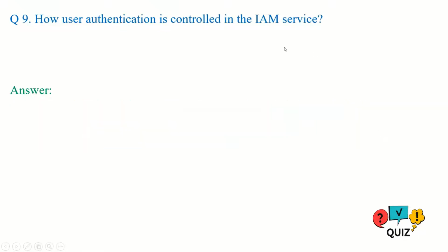So how is user authentication controlled in the IAM service? What are all the different types of authentication that we can see? Multi-factor authentication. Okay. And passwords. Okay, that's good. Anything else you can think of?